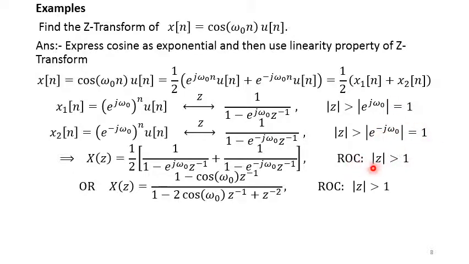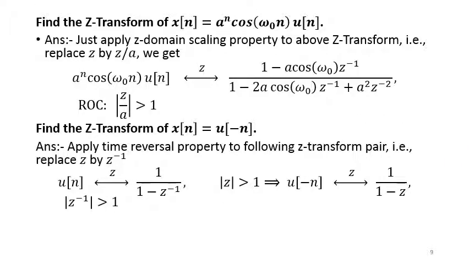So for the ROC, z absolute should be greater than 1. So you must do it by yourself, although it's quite straightforward, and I think you shouldn't have any issue with it. If you have any issue, we can discuss it in the class.